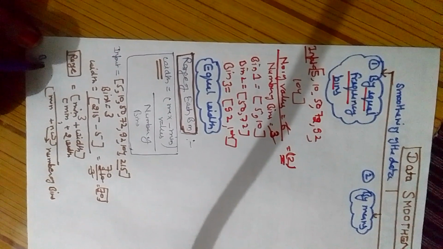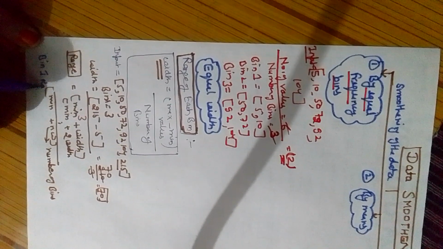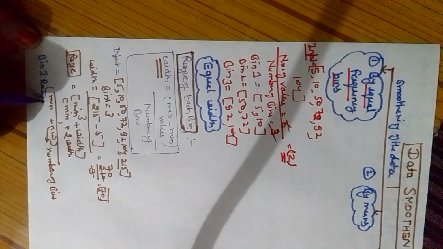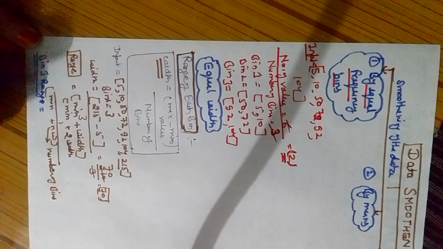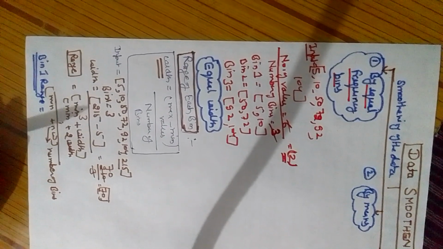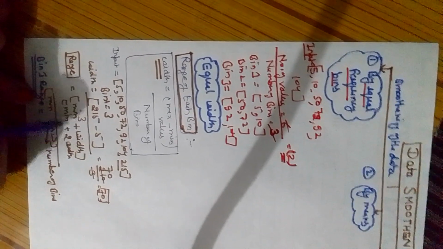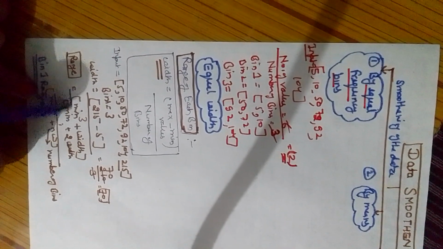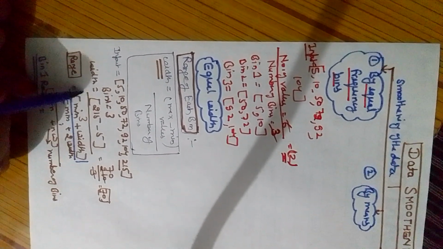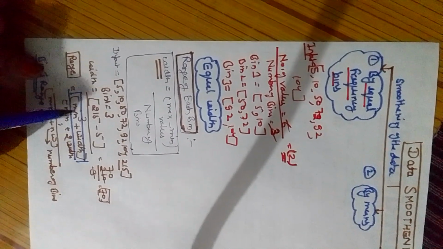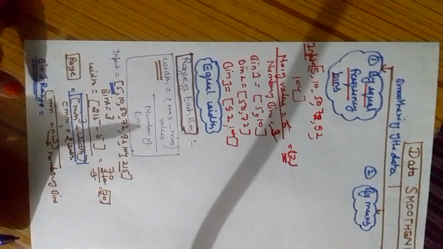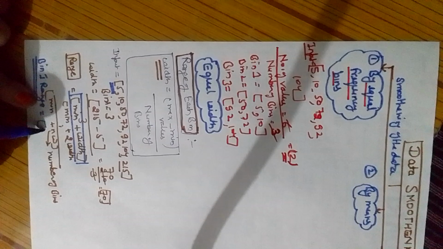Bin 1 range would be, now we will apply the formula. What is the formula here? Minimum plus width. So what is the value of minimum here? Minimum value is 5. Of course it is 5.